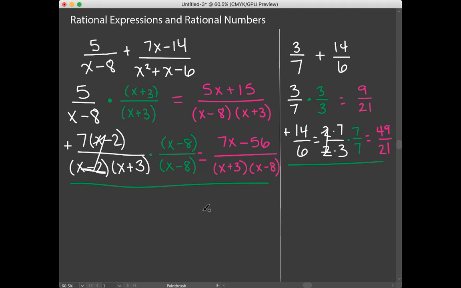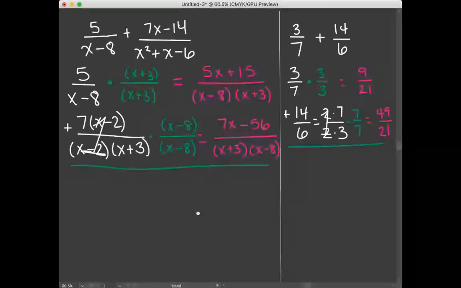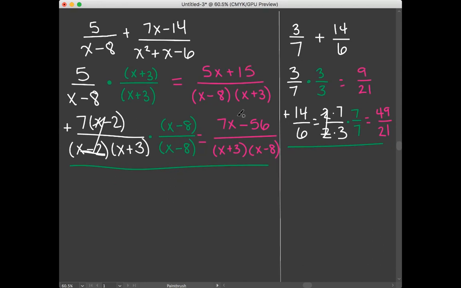So now the last step is the same again for both problems, and that's that we add the numerators and we keep the denominators the same. So when we add the numerators in our algebra problem, we're going to combine the like terms as we do it. So 7x plus 5x is going to give us 12x. Check my math here.